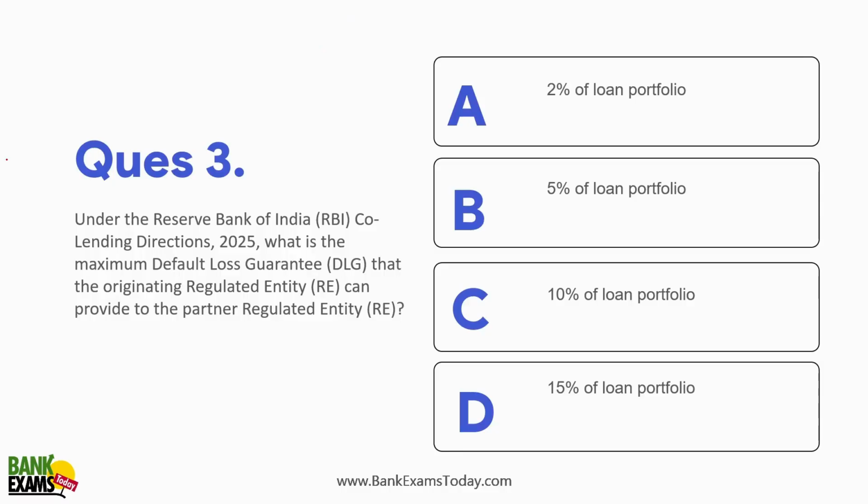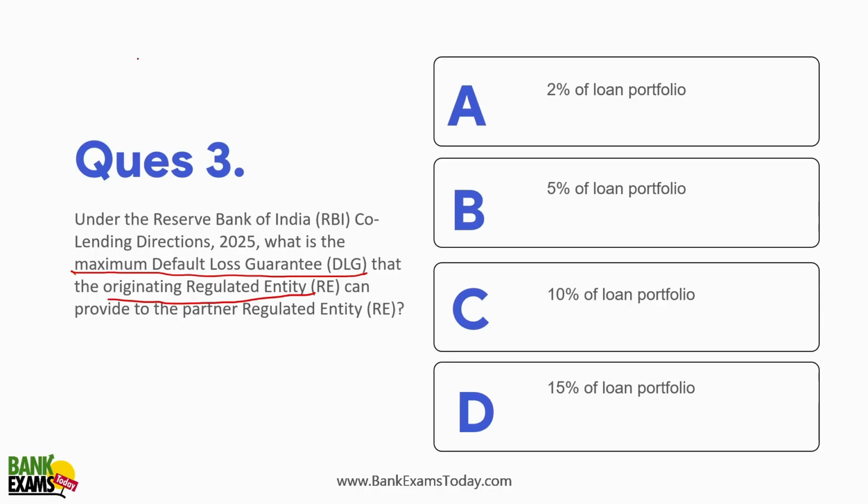Question number 3: under the RBI co-lending directions, what is the maximum default loss guarantee? As the name suggests, in case of a default, some guarantee is provided by the originator, right? Who is the originating regulated entity?